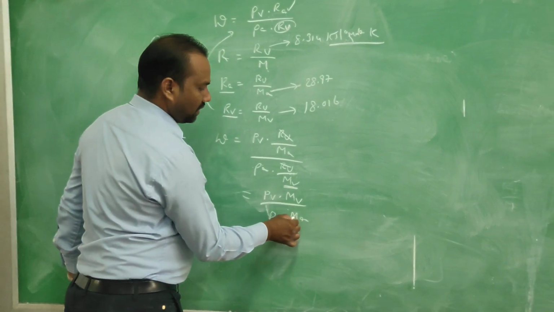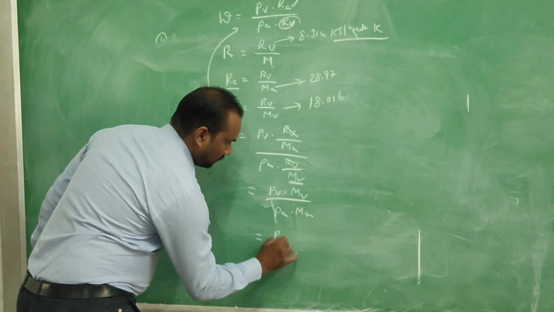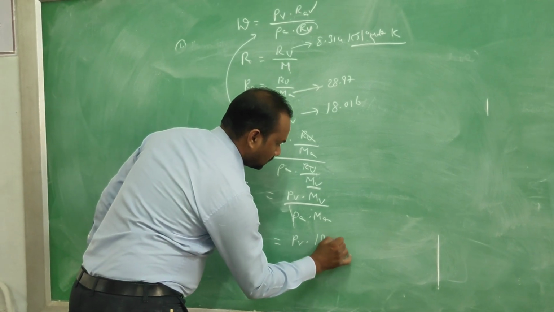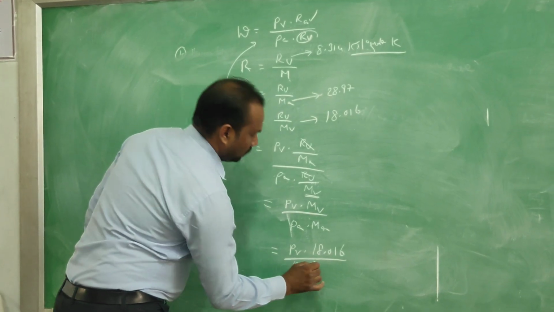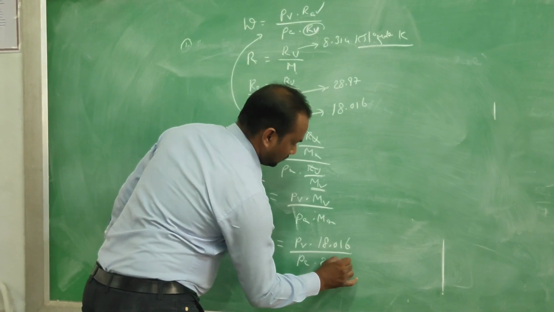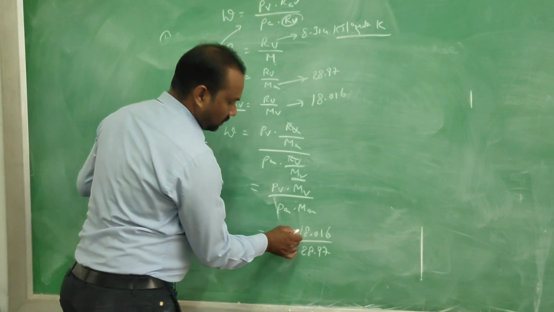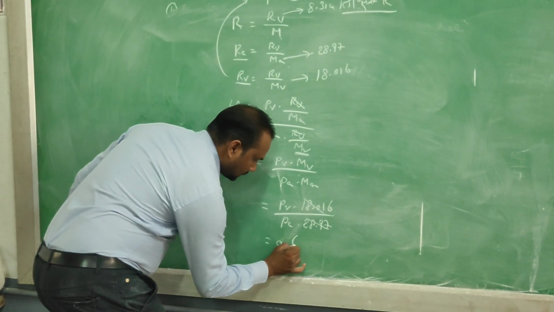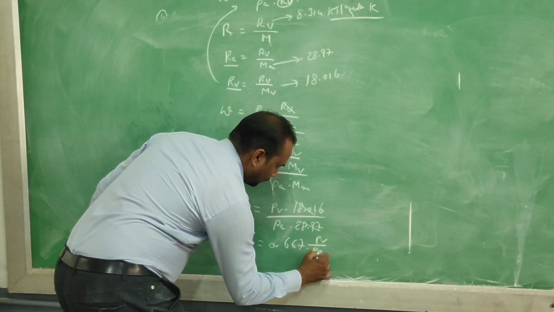We know the MV and MA values, so substituting, PV into 18.016 divided by PA into 28.97, right? If it is simplified, then we get 0.667 PV by PA.